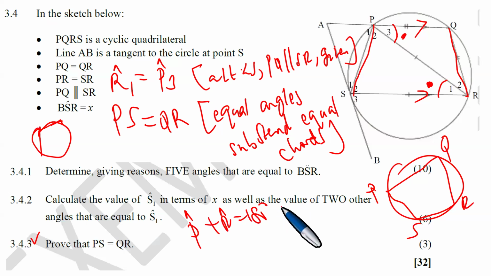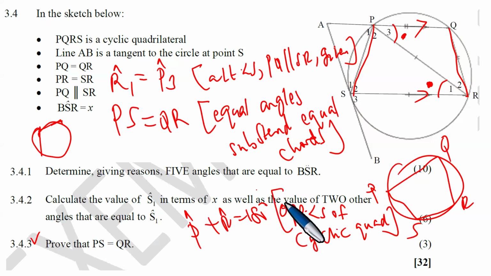These are the opposite angles of the cyclic quad, and they are supplementary. And we also have the exterior angle: this angle is equal to this angle here. The exterior angle equals the interior opposite angle.